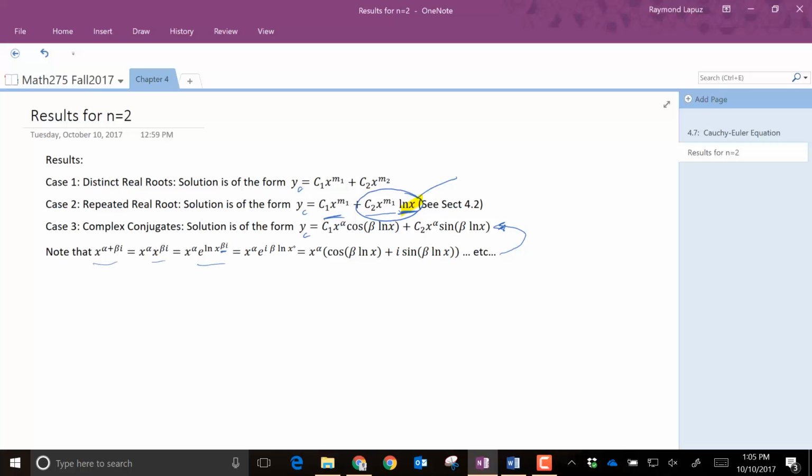And then it goes down as a coefficient. Oh, I see. In the front. Coefficient of the ln x. Right?